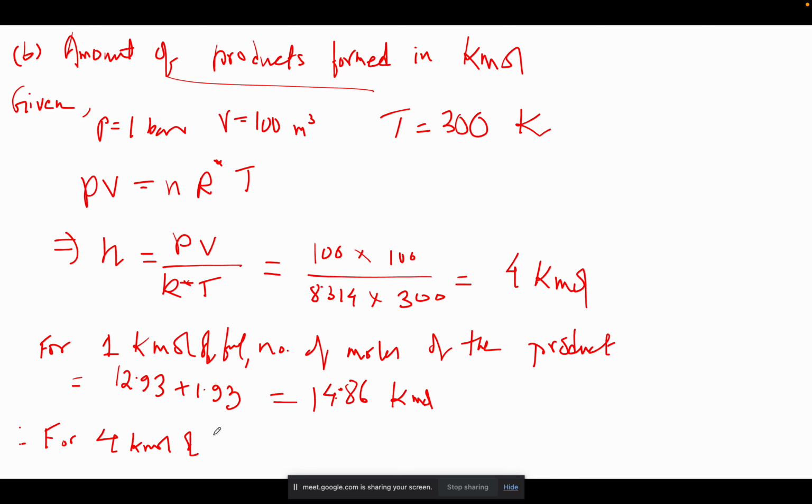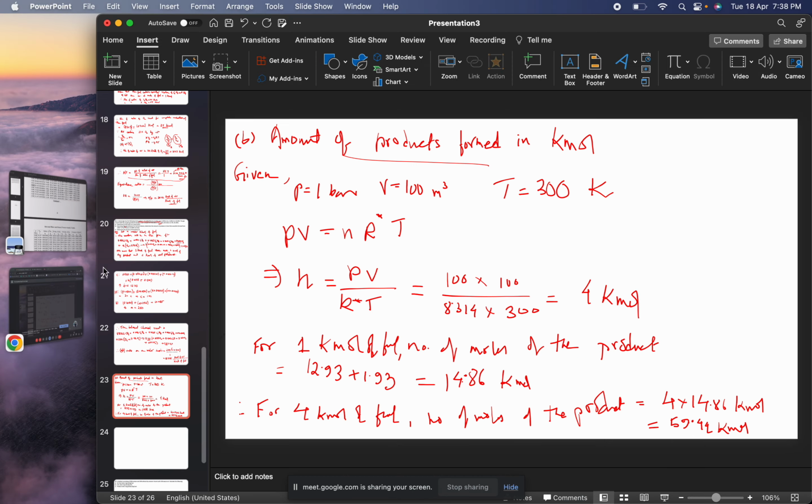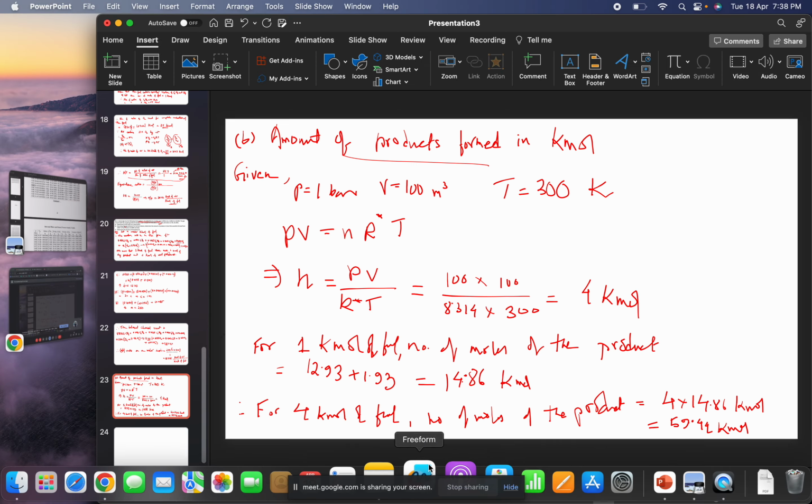So for 4 kilomole of fuel, number of moles of the product is equal to 4 into 14.86 kilomole, which is 59.44 kilomole. Okay, fine.